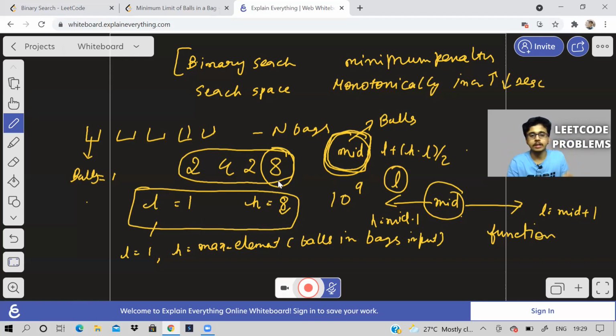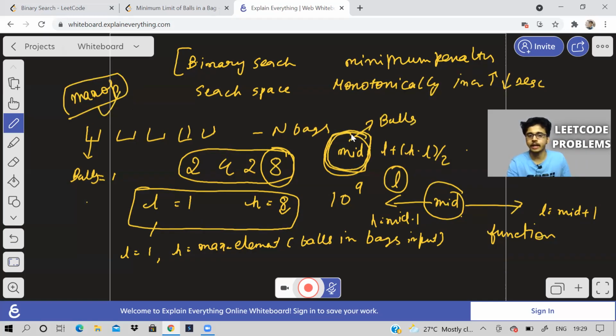So is it possible? What does it mean, is it possible? Can I divide the bags in such a way that after dividing, the number of operations does not exceed our max operations? That is one condition, and first of all, this should be satisfied.